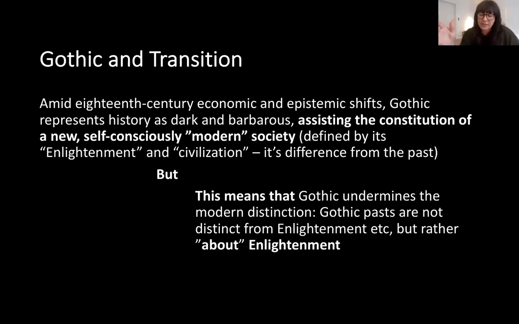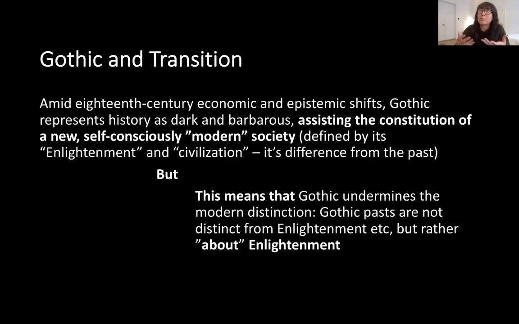But, and this is a slightly more complex point, this means that Gothic also undermines that modern distinction. It also undermines that sense of separation between the past and the present, because Gothic pasts are not actually distinct from Enlightenment presents, right? They are actually about Enlightenment. Gothic is invented by and for Enlightenment as a stabilizing mechanism. And this situation in itself shows that Gothic is something which is invented, right?